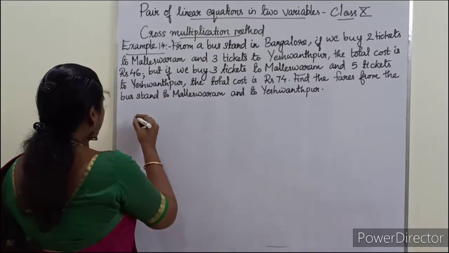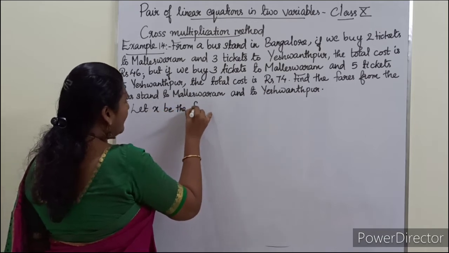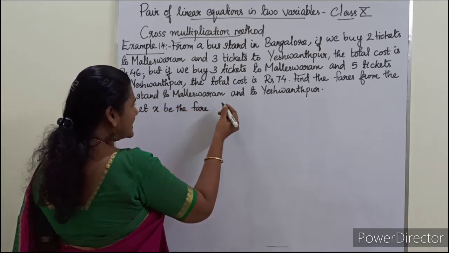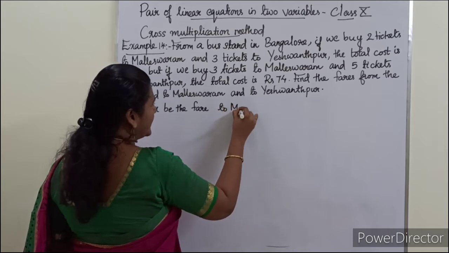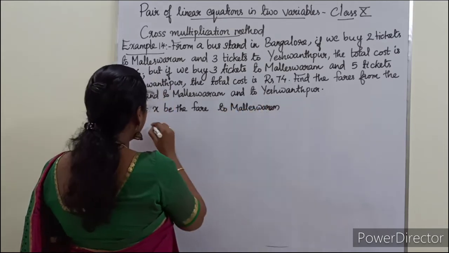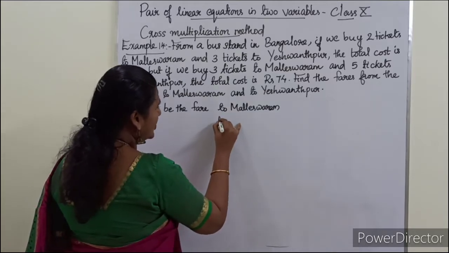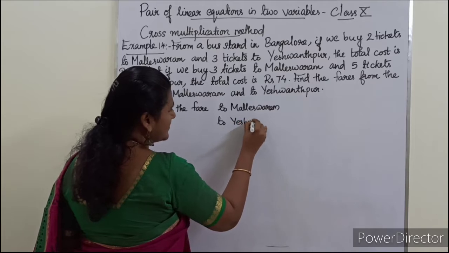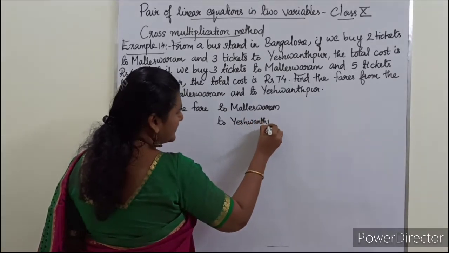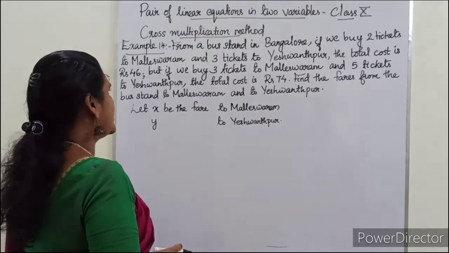So let x be the fare from the bus stand to Malleshwaram. Similarly, we will take y as the fare from the bus stand to Yeshwanthpur. Now we will form the linear equations.